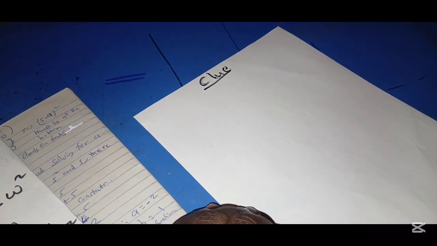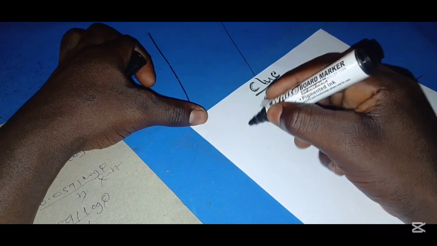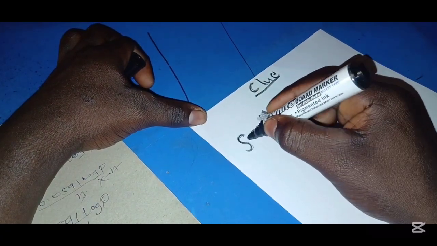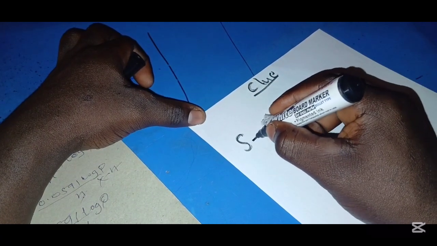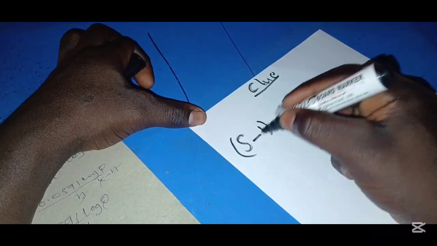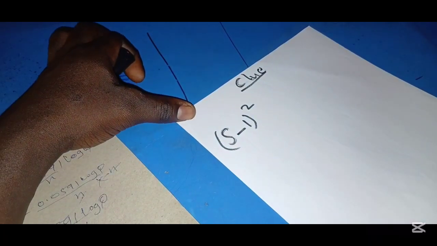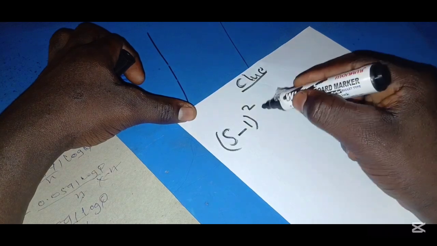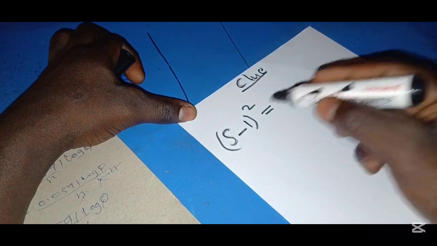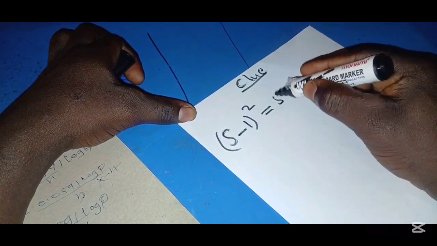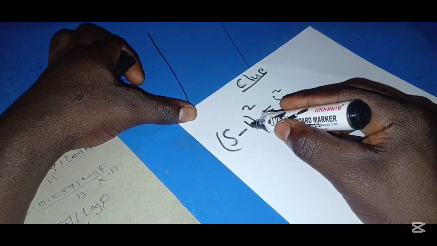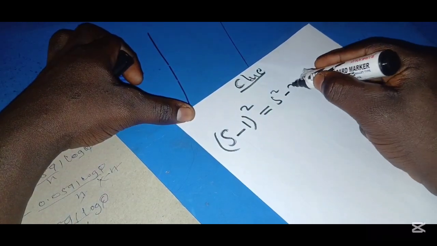If I have the term, since a term of this form is a must to be at the denominator side, s minus 1 squared, then if I'm to simplify this, what will I get? s squared, then 2 by s by minus 1, so I'll get minus 2s.